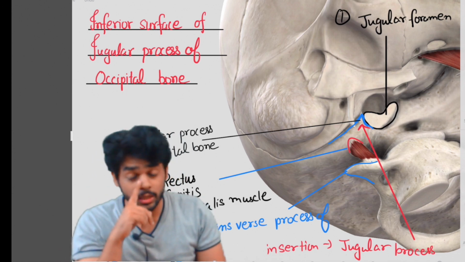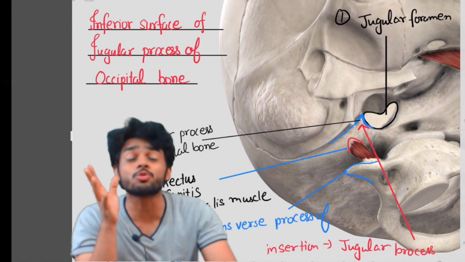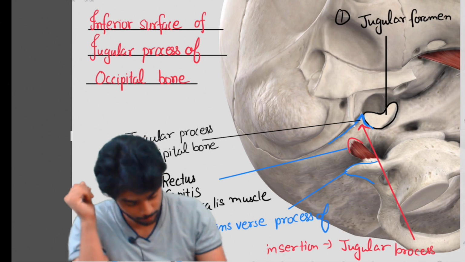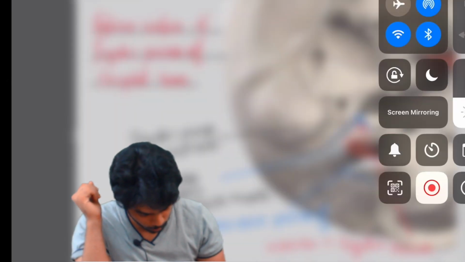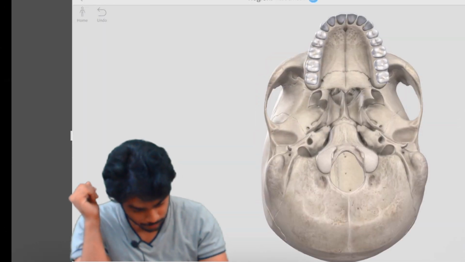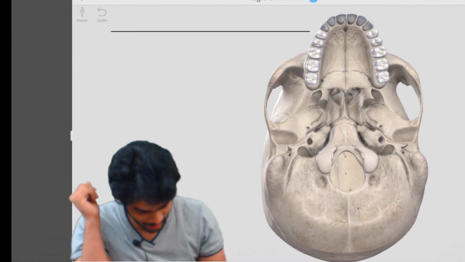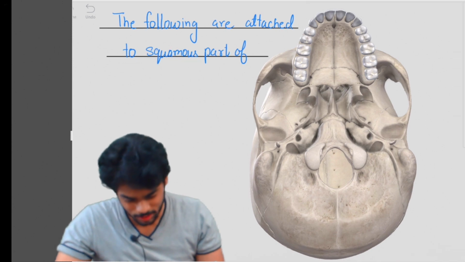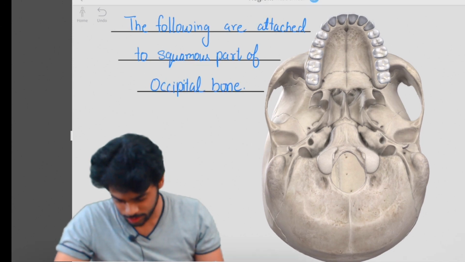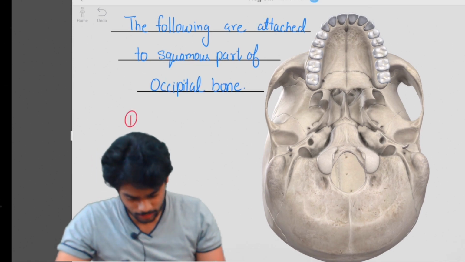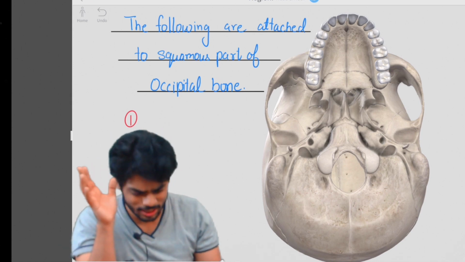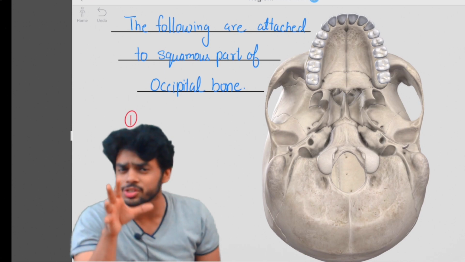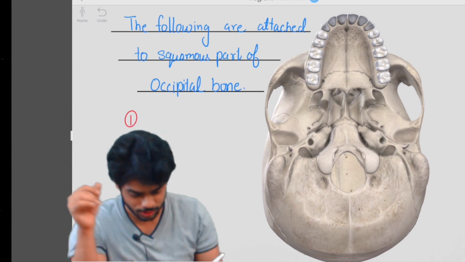Now we will study the attachments to the squamous part of the occipital bone. Let me show you those structures. The following are attached to the squamous part of the occipital bone. Let me just write it down first, and then I will show you in animation how the muscles are attached.